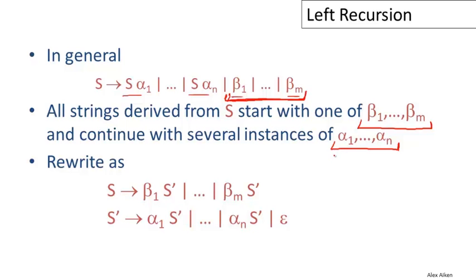This is just generalizing the idea that we had before, where we only had one beta and one alpha, to many betas and many alphas. And so the general form of rewriting this left recursive grammar using right recursion is given here. So here, each of the betas appears as an alternative in the first position. We only need one additional symbol S prime, and then the S prime rules take care of generating any sequence of the alpha i's.